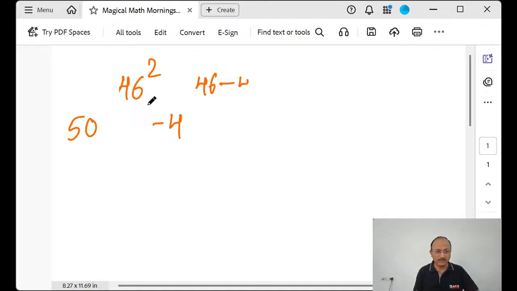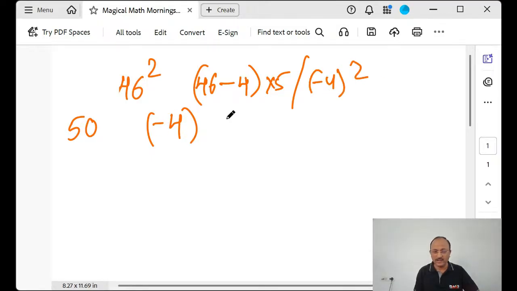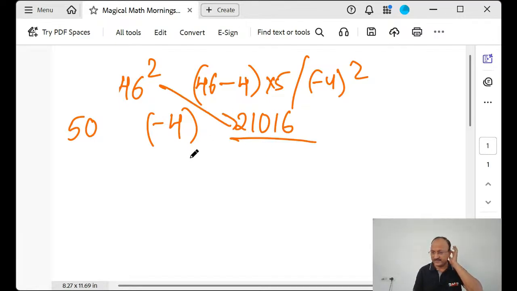Yes, the deviation we have to subtract. And what is the sub base? Because it is 50, we should multiply by 5. Right hand side is the same, deviation square, minus 4 square. 46 minus 4 is 42. 42 fives are 210, correct? No, 40 fives are 200, 5 twos are 10. And 4 square is 16. This is the square of 46.